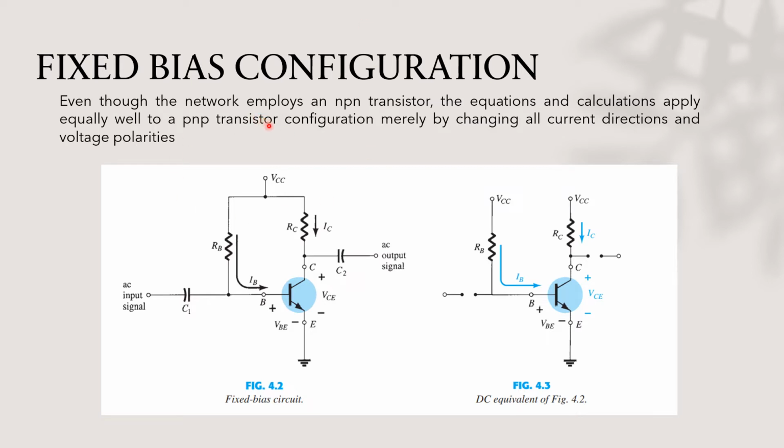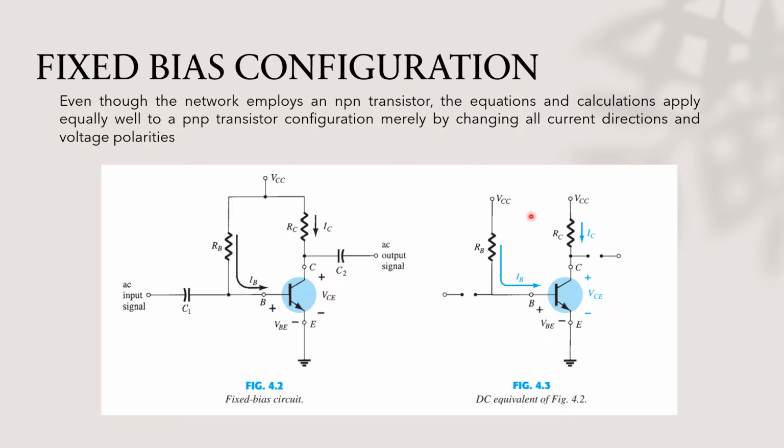So no matter whether it is a PNP or NPN, we apply the same equations and calculations. The difference is that we merely change all current directions and voltage polarities.